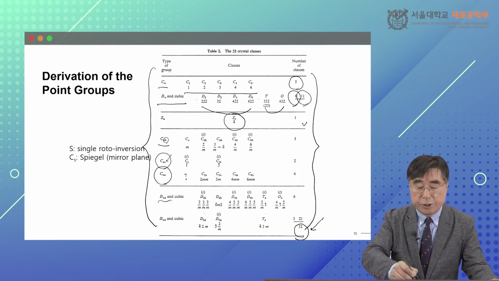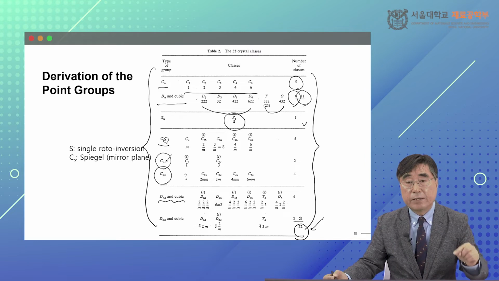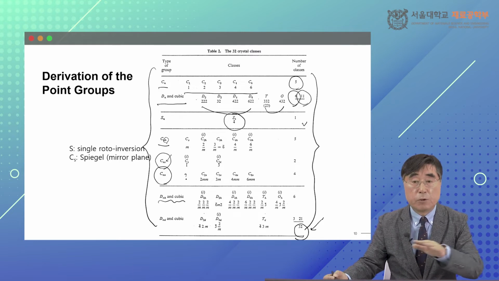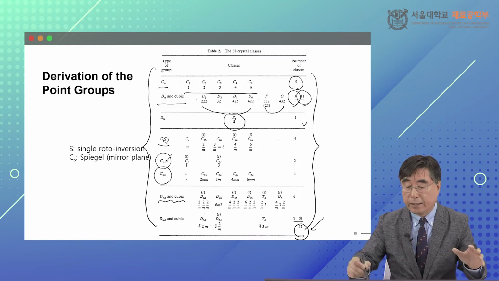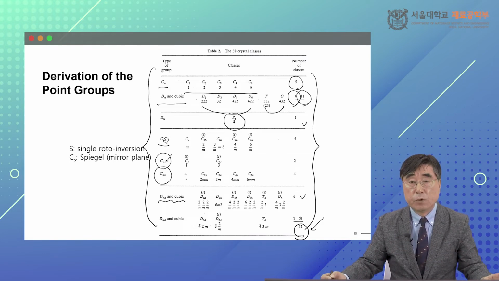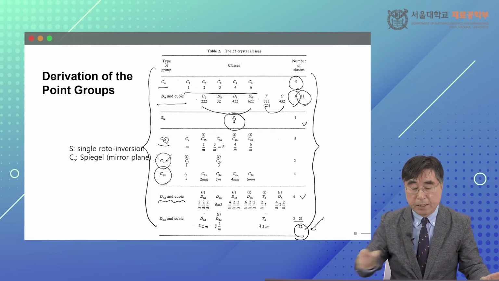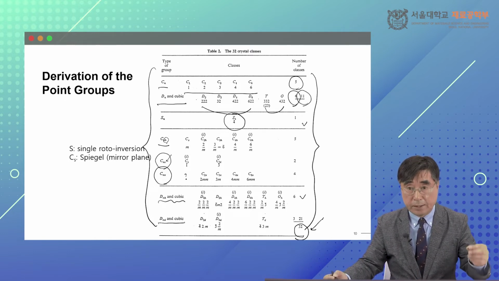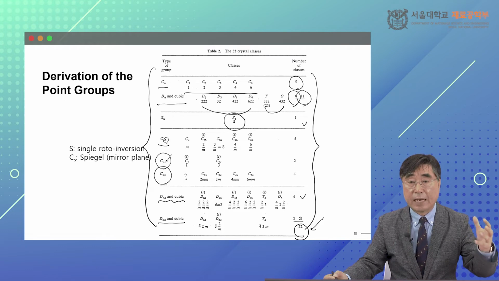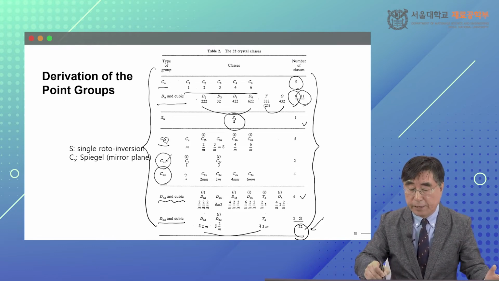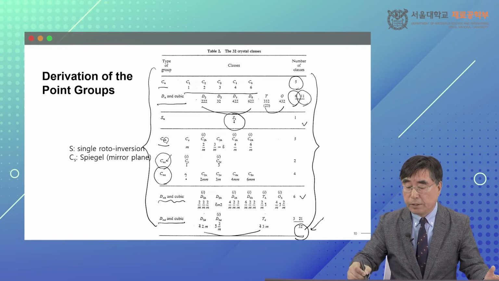And DnH, and also in the cubic symmetry, in the dihedral group of n-fold, he put the horizontal mirror plane, and then he defined 6 more point groups. Now DnD, the diagonal mirror plane in the n-fold dihedral groups, then he develops 3 of them, and then we can make these 32 point groups.